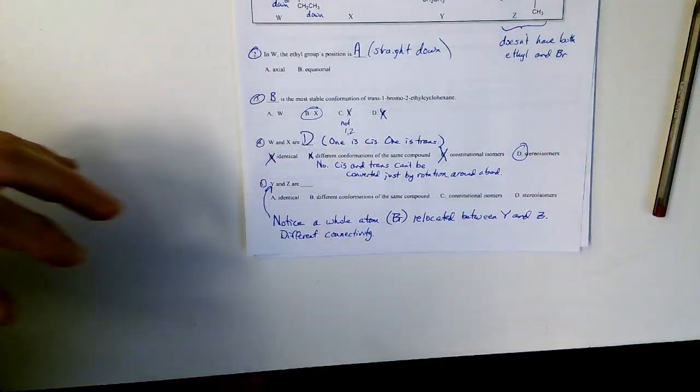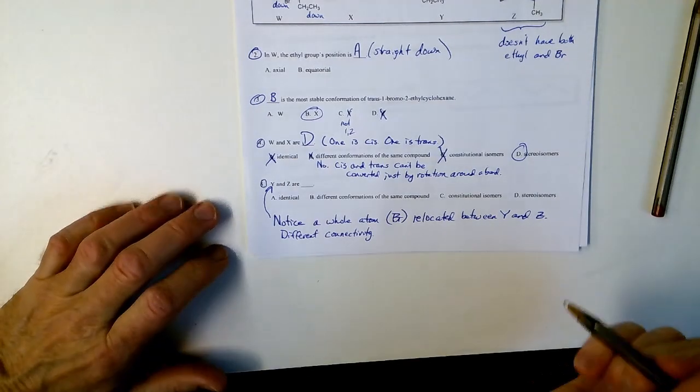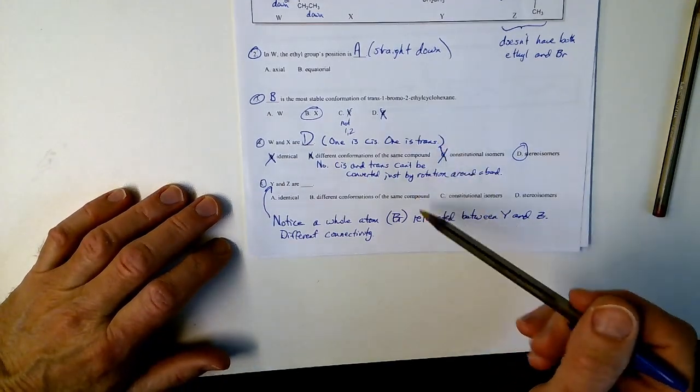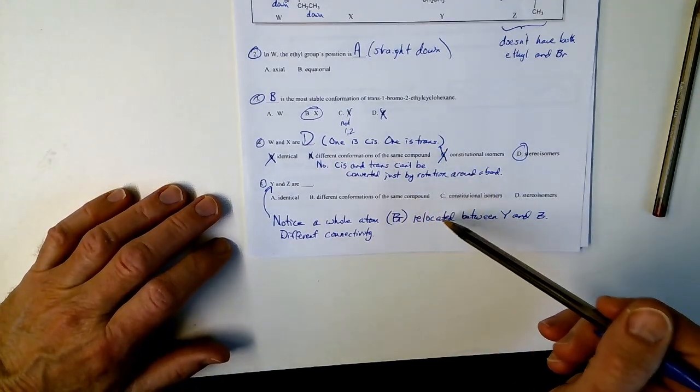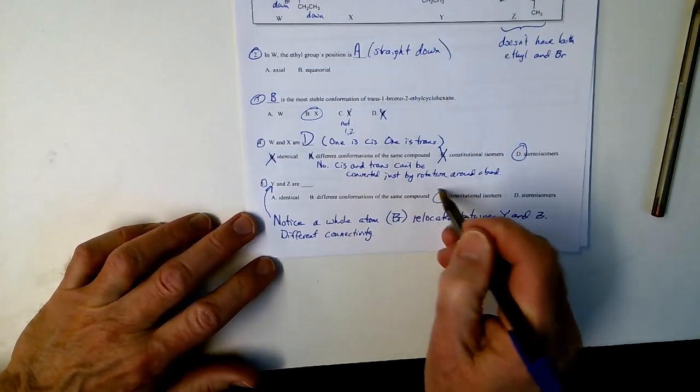So they're much more different than just where things have to be sticking out in 3-dimensional space. And whenever you have 2 things that are that different, same formula but way different structure, what do you call it? Constitutional isomer, yep.